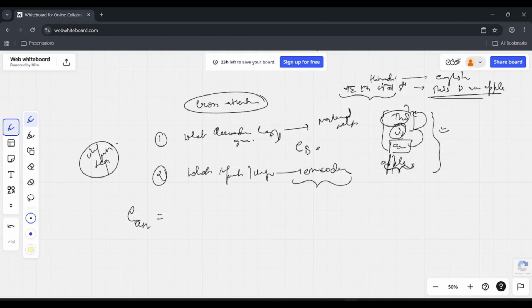The point that I'm trying to make here is that the embedding of "an" also depends on your input sentence, because whatever translation is happening depends on your input sentence.